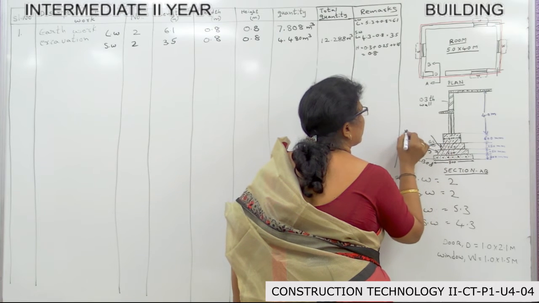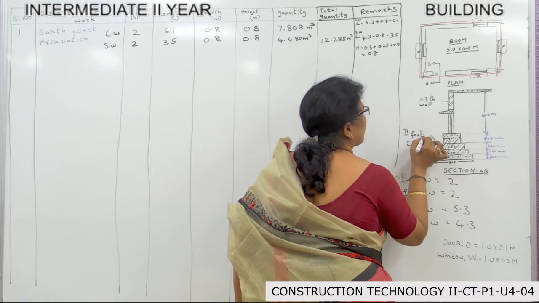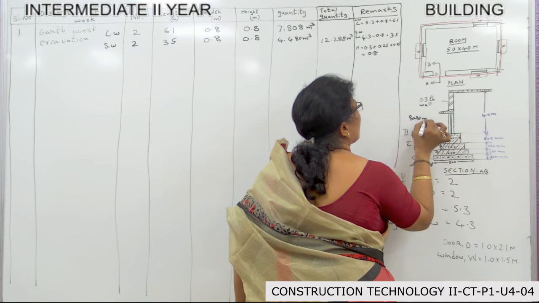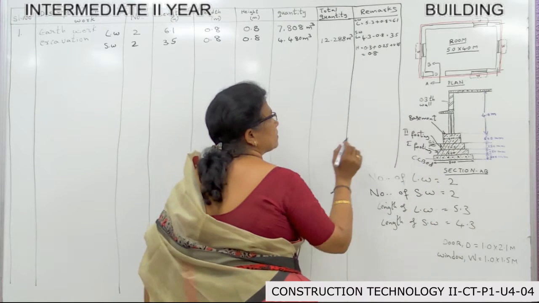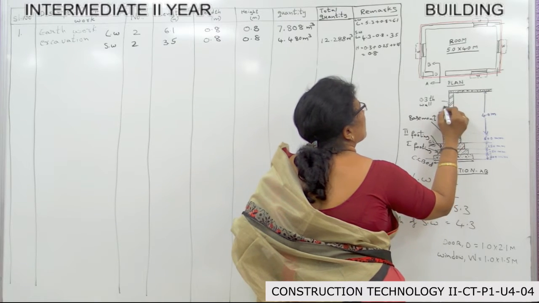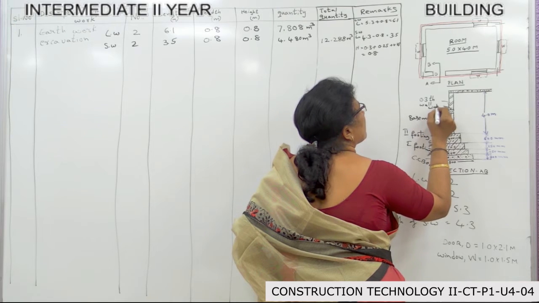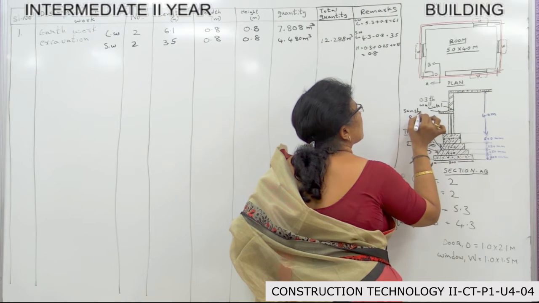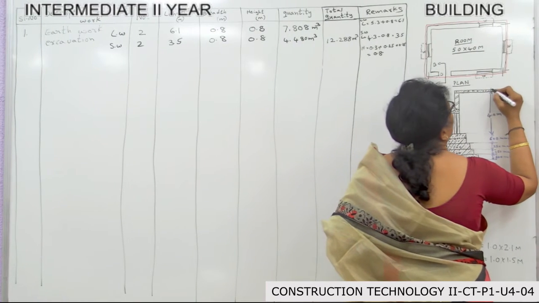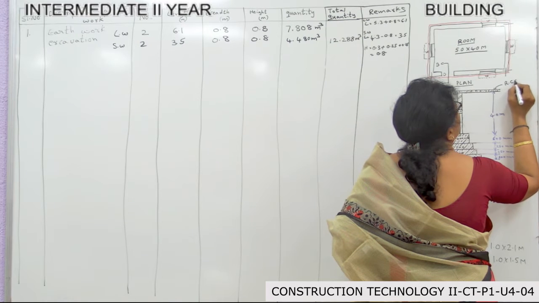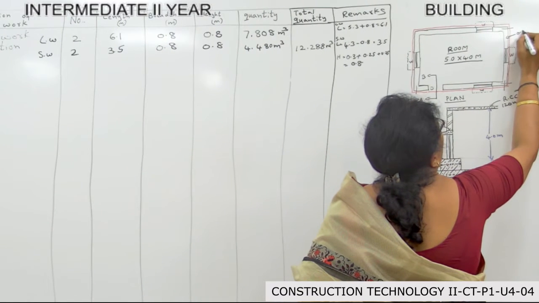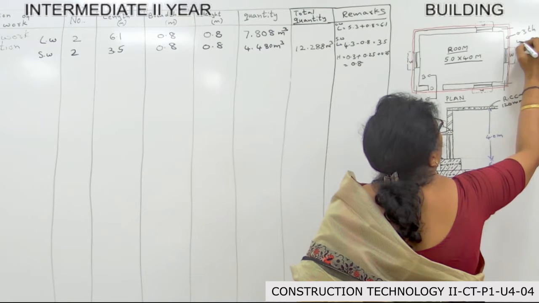This is first footing, and this is second footing, and basement. Lintel, sunshade, RCC, 120 mm thick.